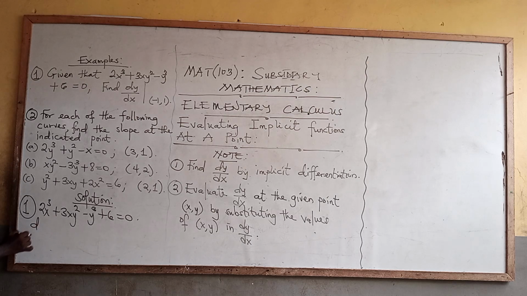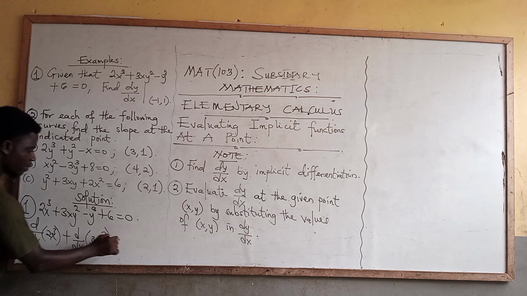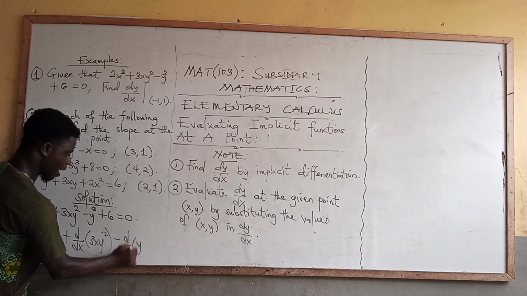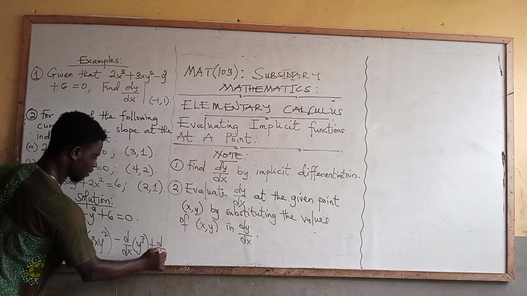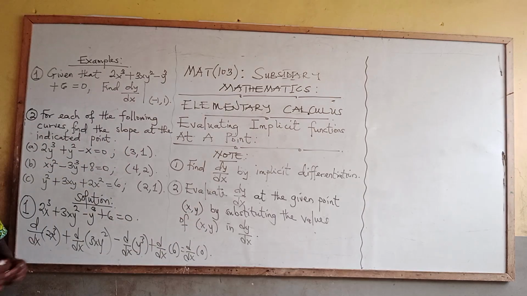So I have d/dx of 2x cubed plus d/dx of 3xy squared minus d/dx of y cubed plus d/dx of 6 equals d/dx of 0. So this is how we are moving.